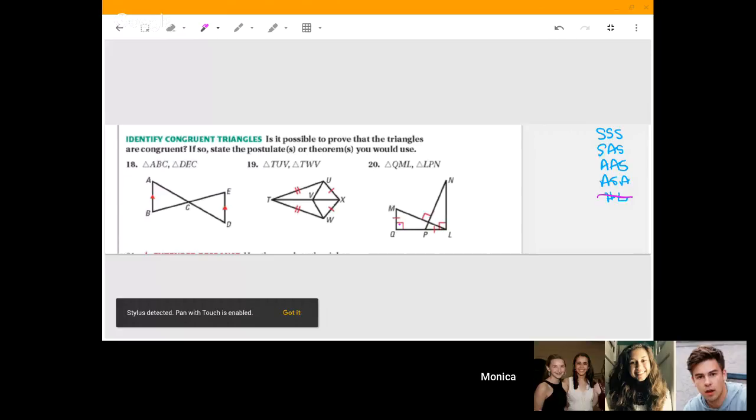Megan, you mean 11 through 13 in the book or on the worksheet? In the book?